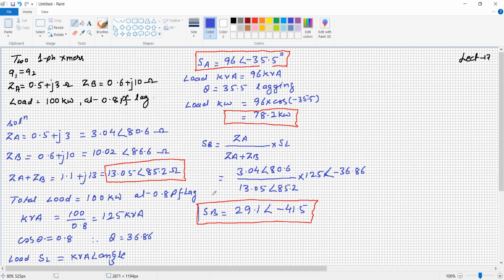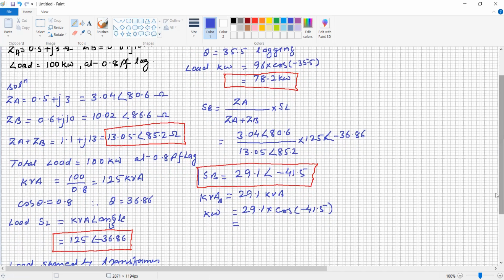Or it can be written as the kVA supplied by transformer B is 29.1 kVA, and in kilowatt it is equal to 29.1 into cos of minus 41.5, which equals 21.8 kilowatt, isn't it?